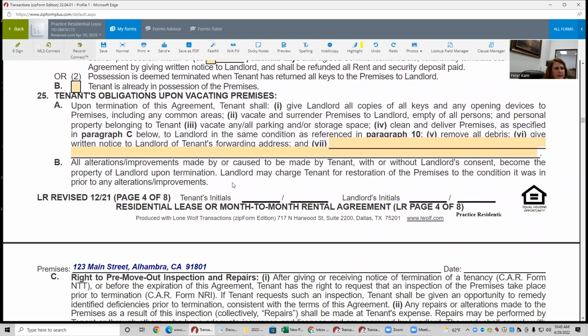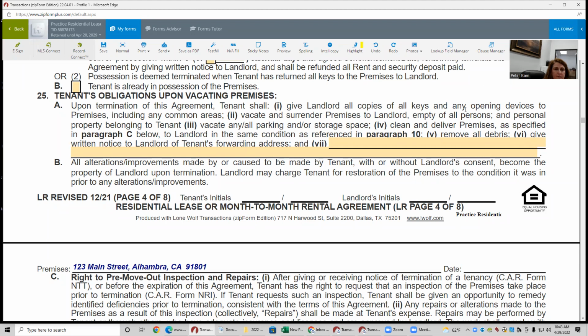So tenant's obligation upon vacating the premises, they need to give the landlord copies of all their keys and opening devices, common area keys, things of that nature. They need to vacate and surrender the premises to the landlord. Make sure everybody's out, personal belongings all removed, and vacate any parking and or storage space.